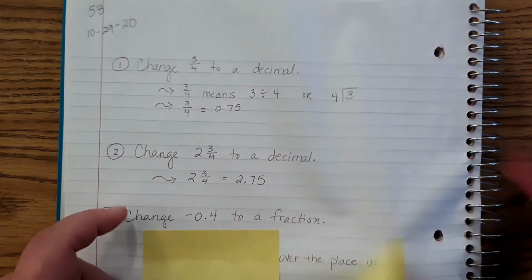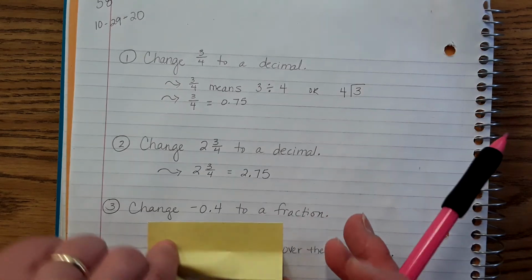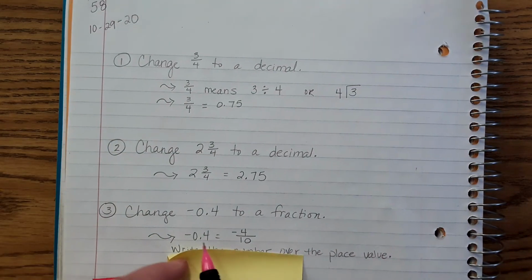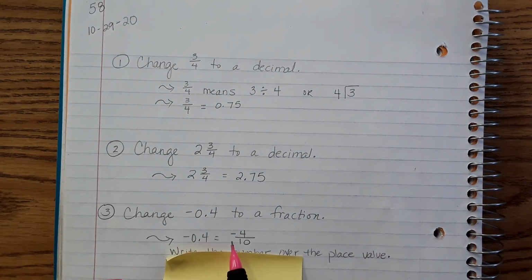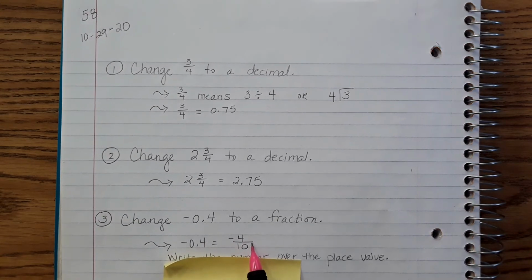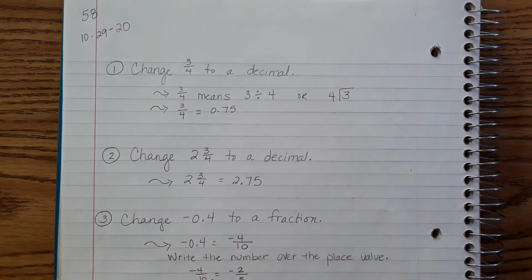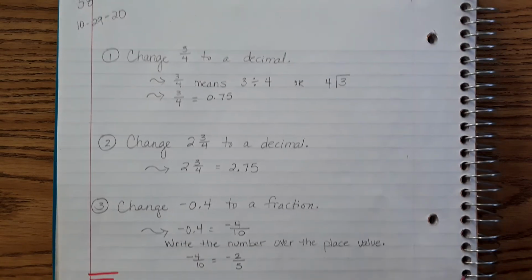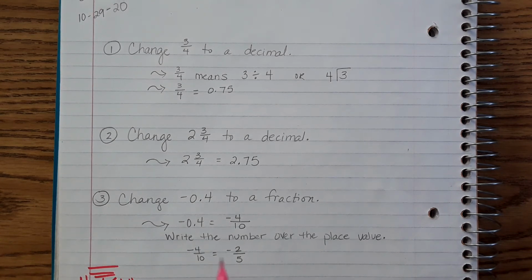If we know it's in the 10ths place, we can say negative 0.4 is negative 4/10, and that's technically the proper way to read it and say it, but we would have to simplify, always simplify. So for directions, you're going to write the number over the place value. It's in the 10th place. Put it over 10, and then just simplify, reduce.